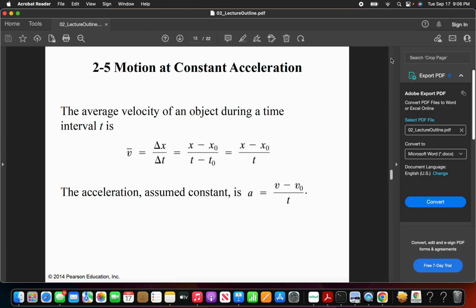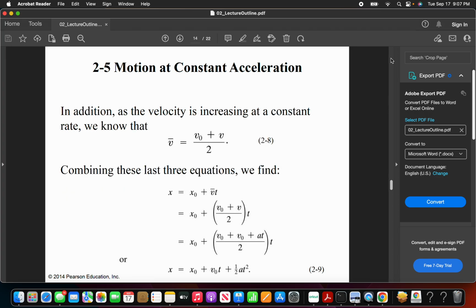The subscript zero, that's what I'm calling naught. That's x naught. x minus x naught over t minus t naught. Okay? So we can calculate average velocity, and then we can get an acceleration, and so on and so forth. So you see how a lot of these things are related to each other.